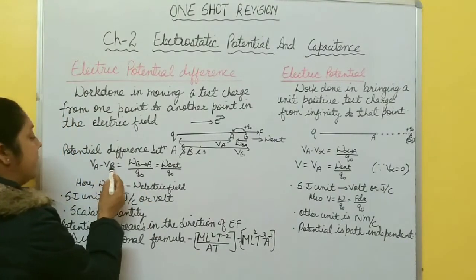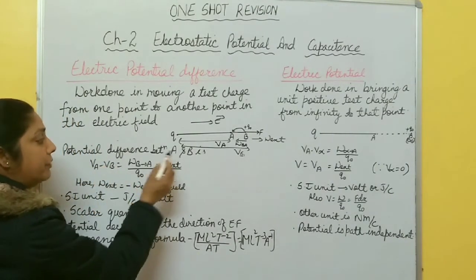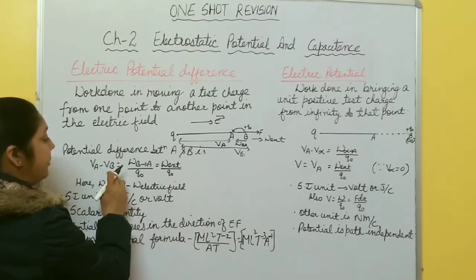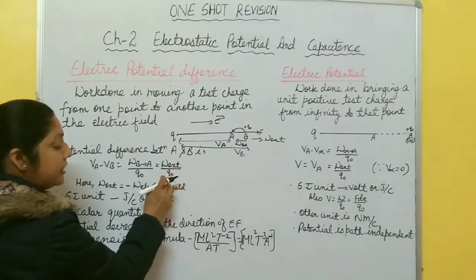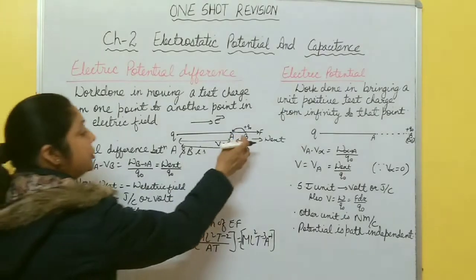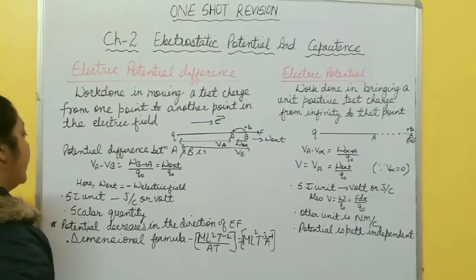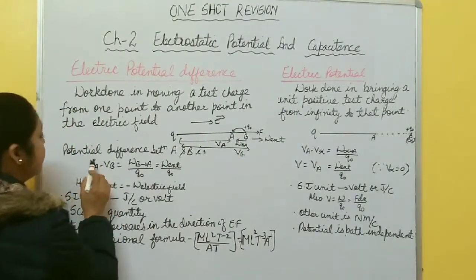So this VA minus VB is the potential difference between points A and B, and it is given by the work done in moving a test charge Q0 from position 1 to position 2, right?